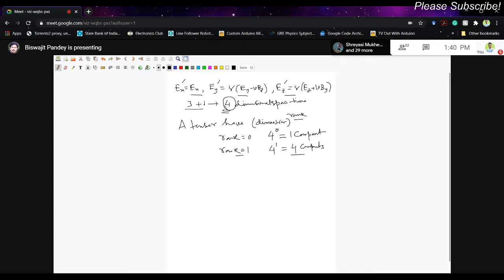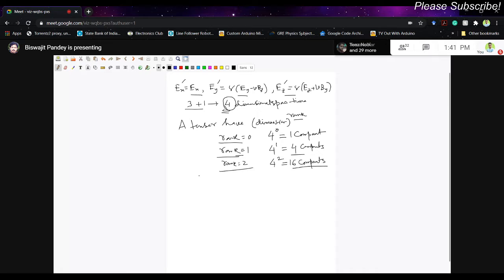And E and B don't fit into the kind of rank 0 or rank 1 tensor. So the next possibility is to go one step upwards. Can we constitute a second-rank tensor in four dimensions? How many components can it have? We have 4 to the power 2, that means 16 components. So a rank 2 tensor in four dimensions will have 16 components.